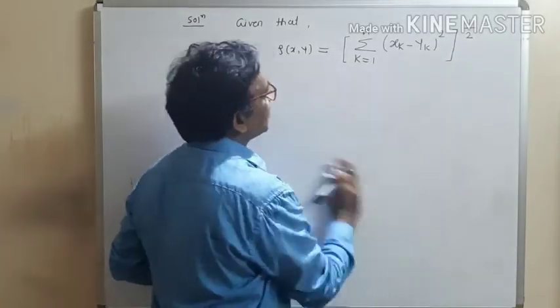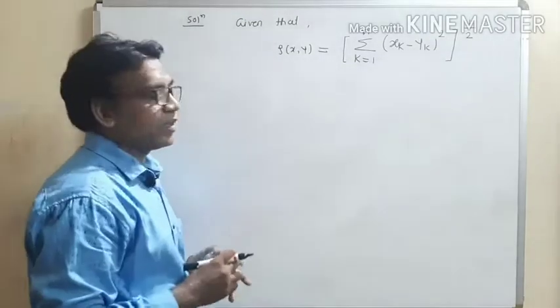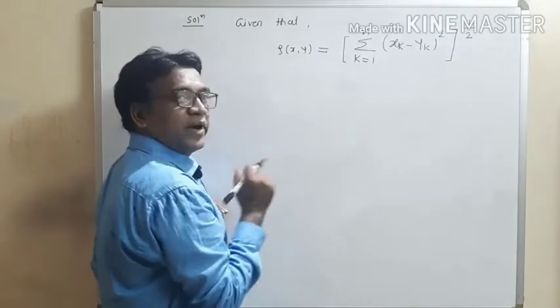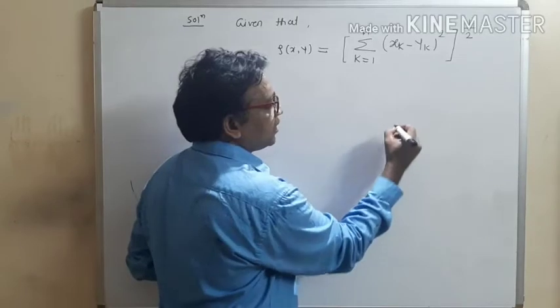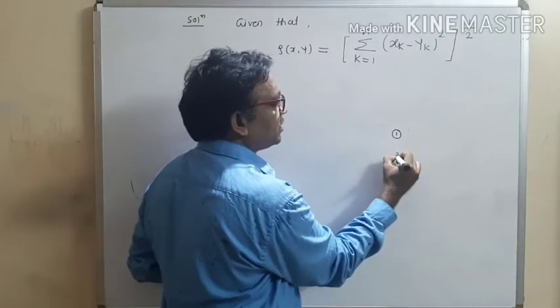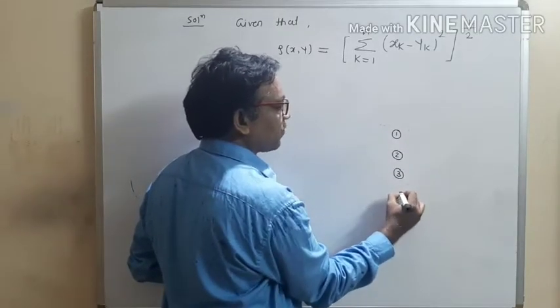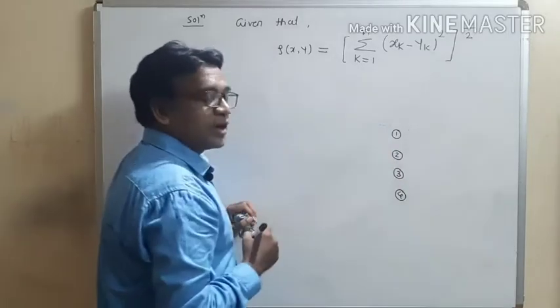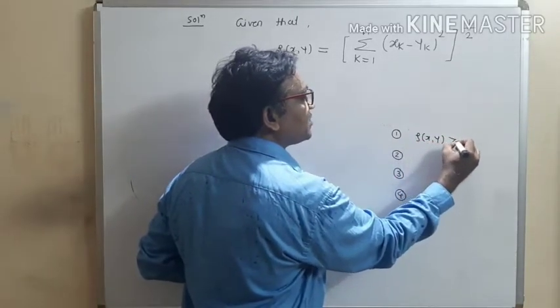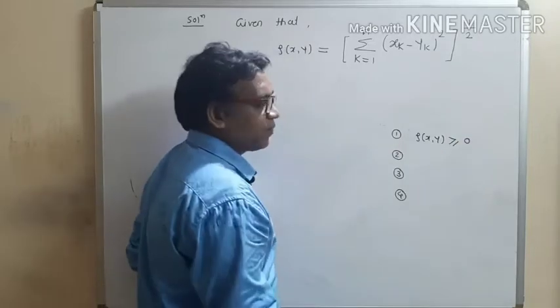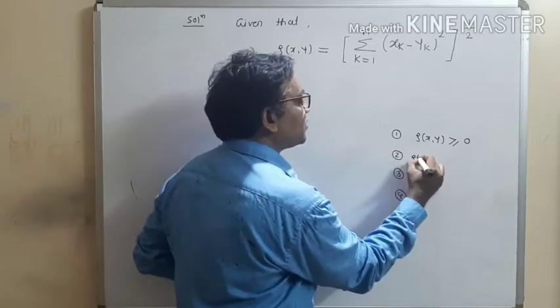Now this is the question: to show that rho is a metric. So how to show that it is a metric space, or how to show that it is a metric? Show that this rho satisfies these 4 conditions. So what is the first condition? Show that the distance between x and y is non-negative. What is the second condition?